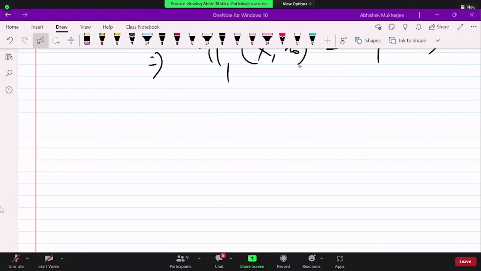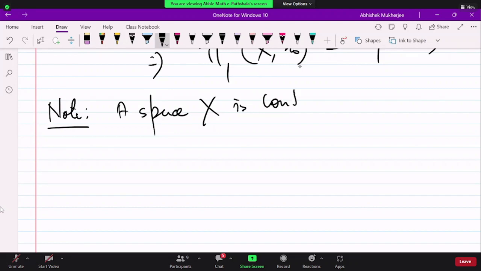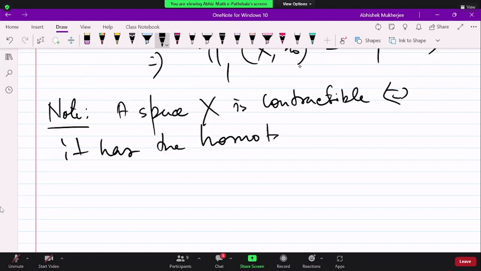Now let's try to find out. I should make a note here, I forgot. A contractible space means a space X is contractible if and only if it has the homotopy type of a one-point space, of a singleton space.